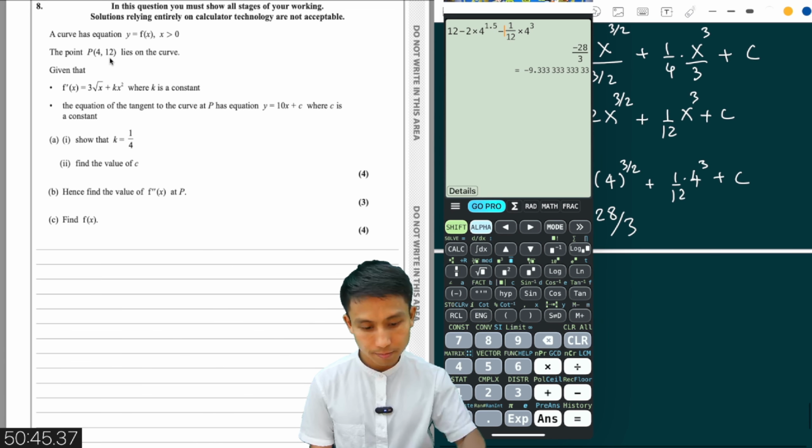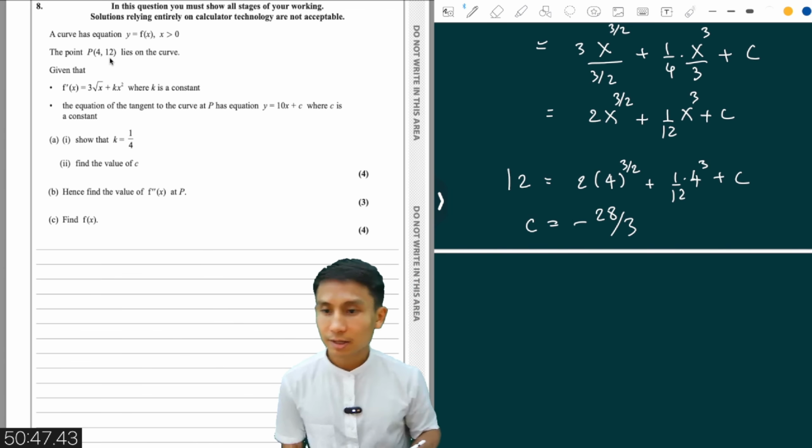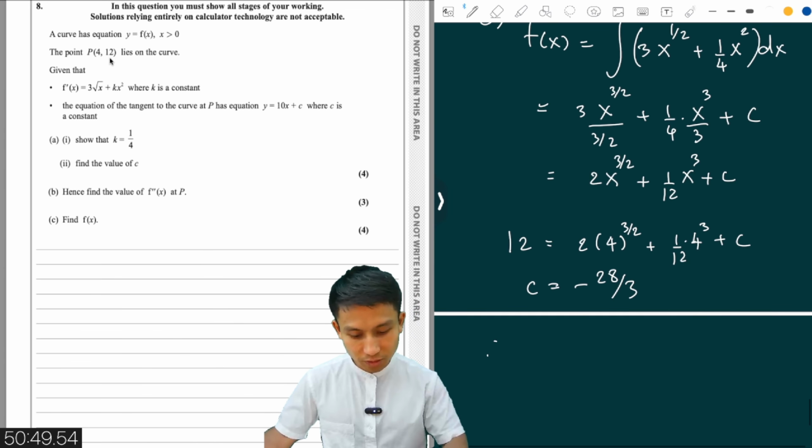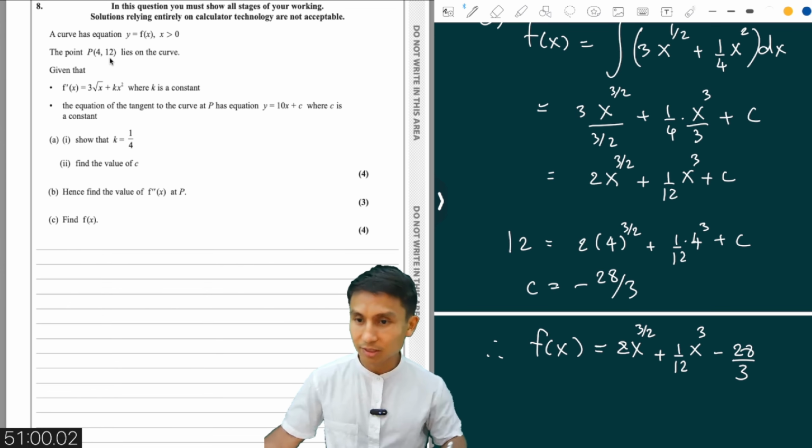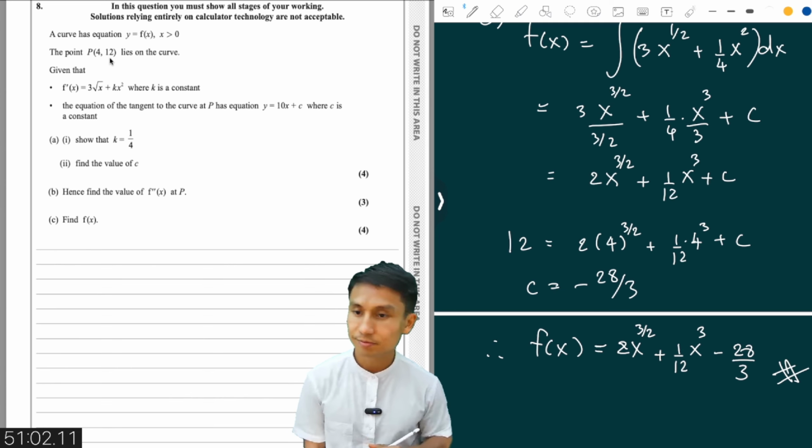Yeah, should be fine. And then now we get the function. So f(x) is just 2x to the power of 3 over 2 plus 1 over 12 x to the power of 3 minus 28 over 3. Yep, that's it.